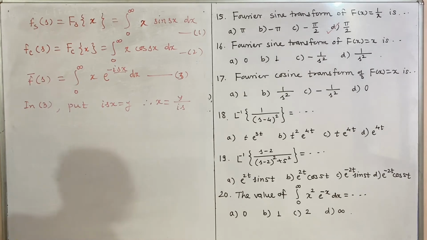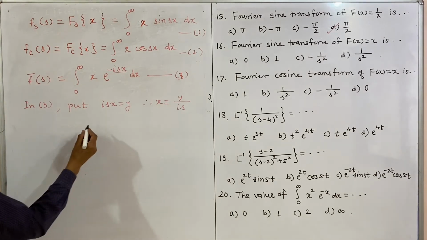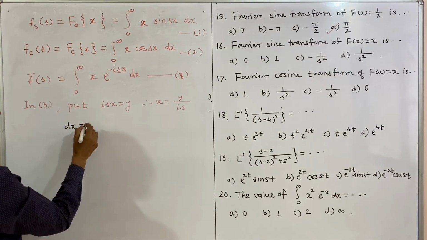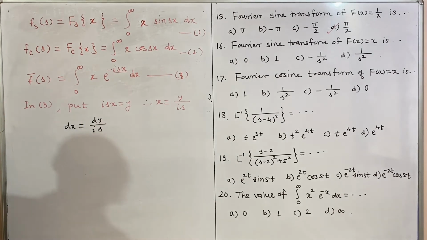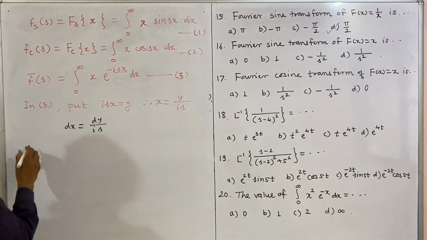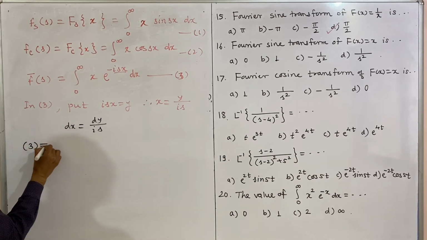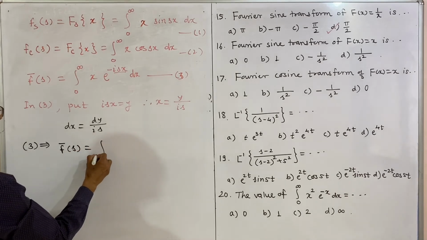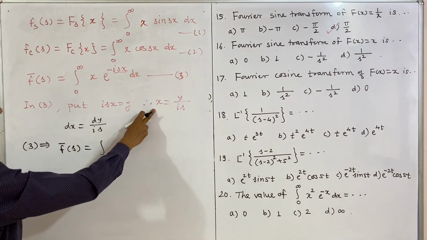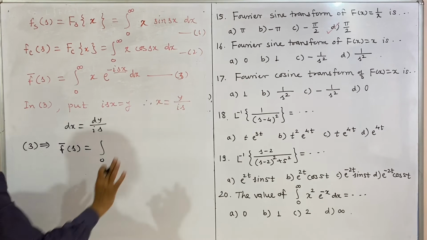This is the value of x, and dx will be equal to dy divided by is, and therefore 3 implies f bar s is equal to integral, the limits remain the same. When x is 0, y is 0, x is infinity, y is infinity.